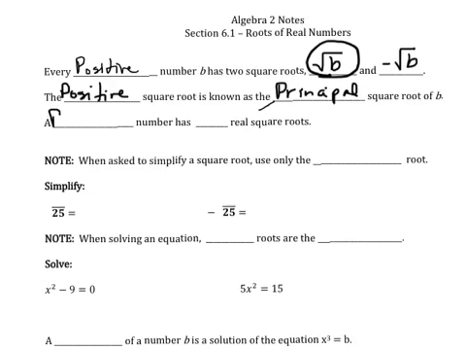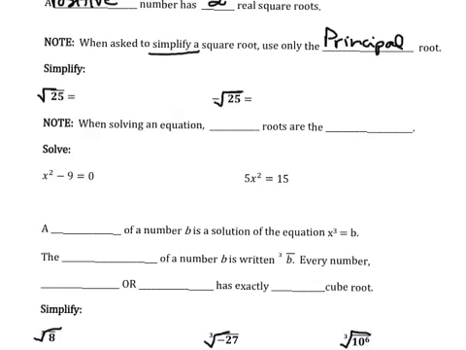And a positive number has two real square roots. So when we are simplifying a square root, as opposed to solving an equation, we only use the principal or the positive root. That's different from solving an equation. So we'll begin with simplifying.